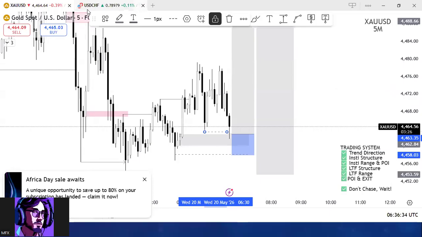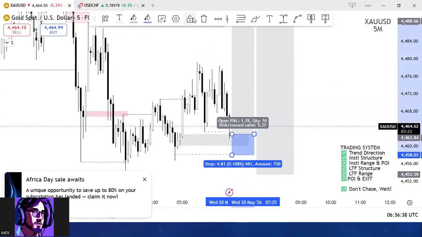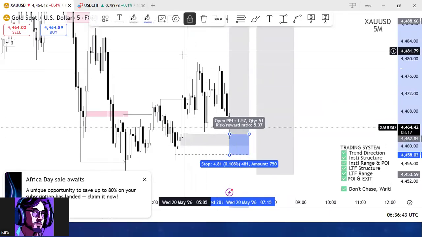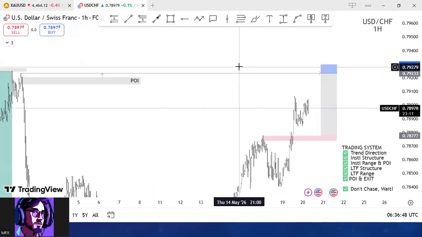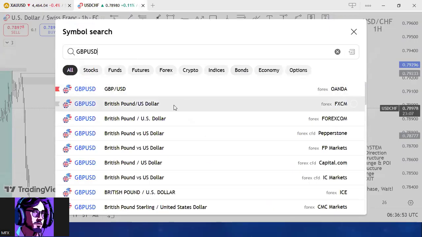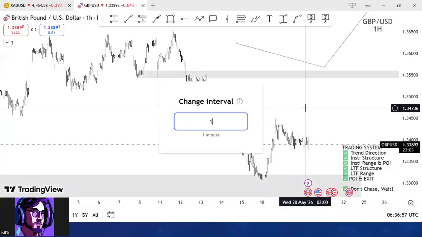So we're going to head straight to the chart. Overlook what you're seeing here, it's just me taking a minor trade. Let's get to it. I'm going to use another pair, VPUSD, and let's go to the weekly.